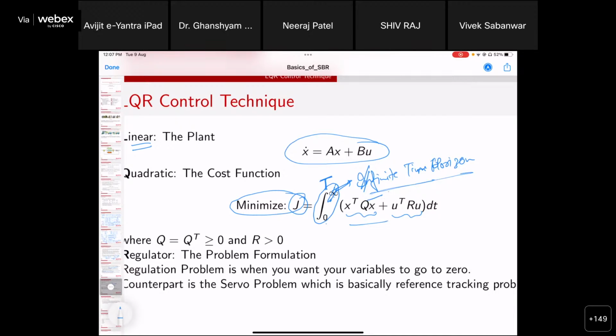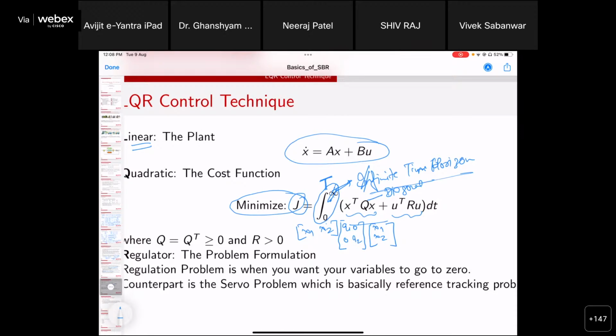Basically, Q is your diagonal matrix. Say X is x1, x2, let's say there are two variables, so X transpose becomes the row matrix x1, x2, and Q is a 2 cross 2 matrix, let's say q1, 0, 0, q2.